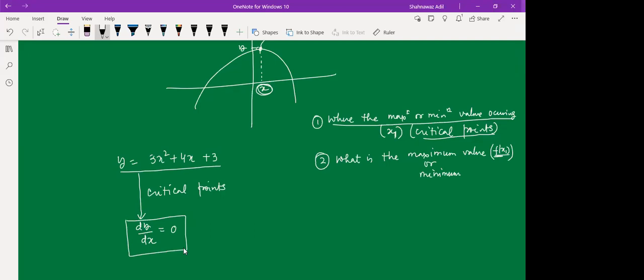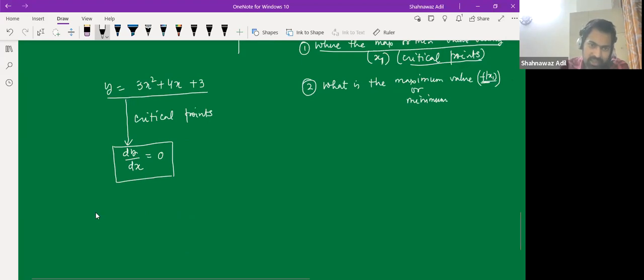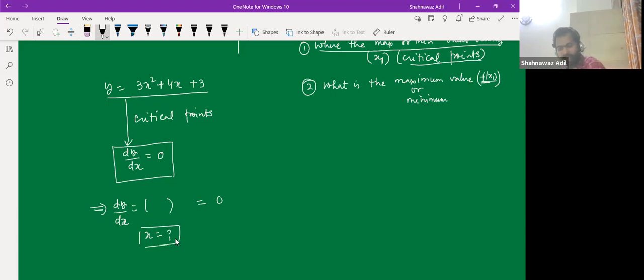Yes, sir. So I have this y function and you guys calculate what is dy by dx. Okay, and put it equal to 0 and find the value of x. These are the things that you have to calculate. To be precise, you have to calculate the critical points. So calculate the critical point for this equation.